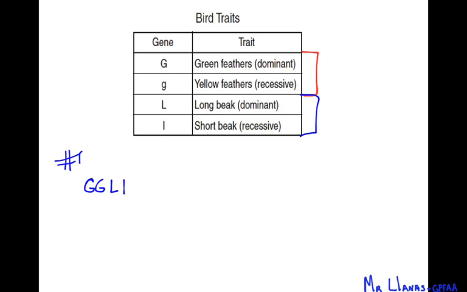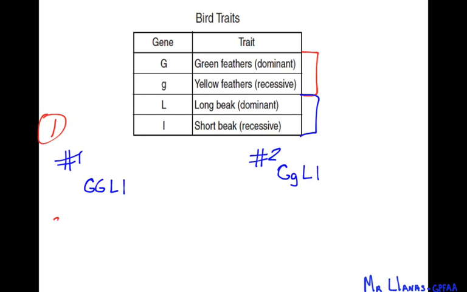Parent number 2, let's say that is heterozygous for both traits. So that means he's heterozygous for the color of feathers, and he's also heterozygous for the size of the beak. Okay, so that's the first step. Remember, the first step was to determine the alleles of the parents. Parent number 1 and number 2, we already know their alleles.